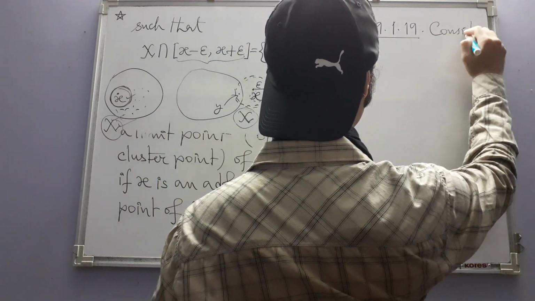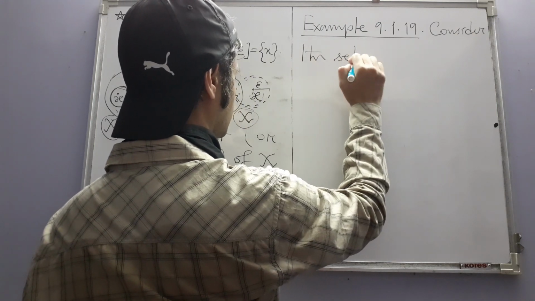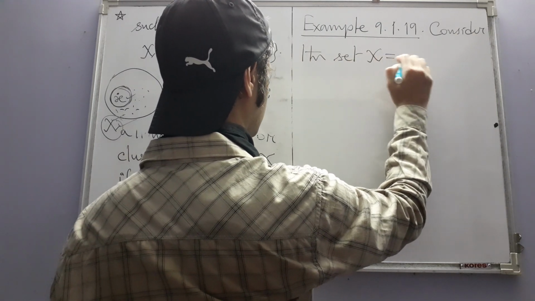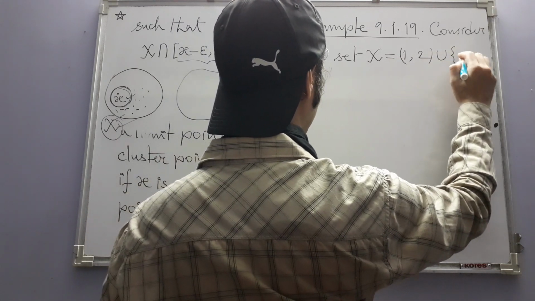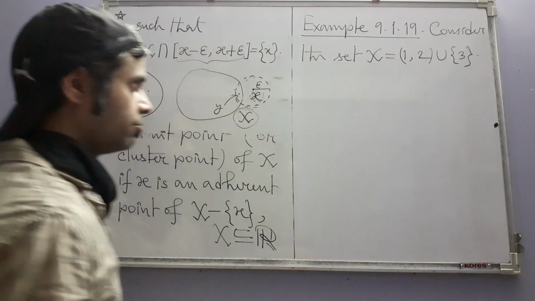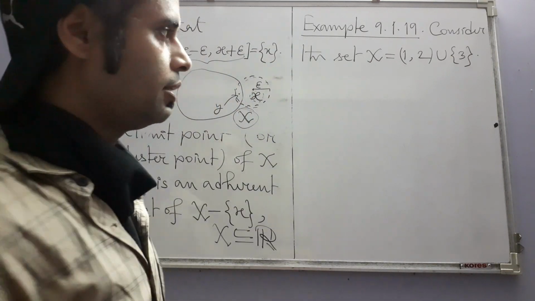Consider the set X, which is the union of the open interval (1, 2) and the singleton set {3}.